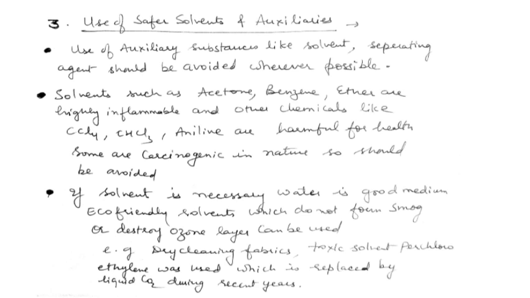The next principle is use of safer solvents and auxiliaries. So what is an auxiliary? It is a supporting agent. We can say the agents or separating agents. It should be avoided wherever possible.